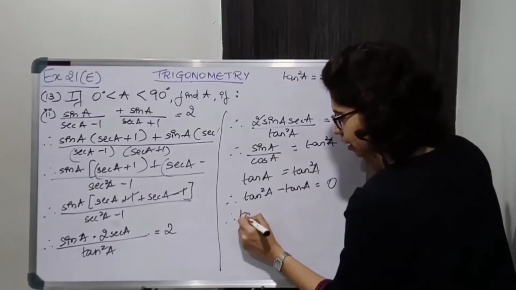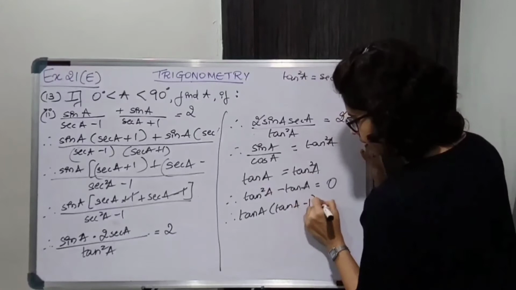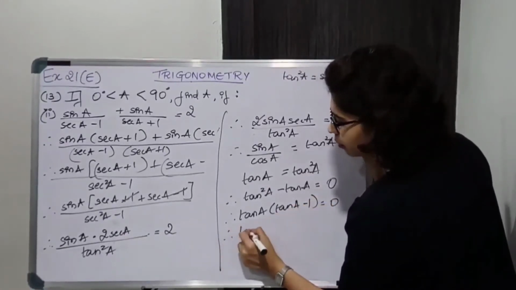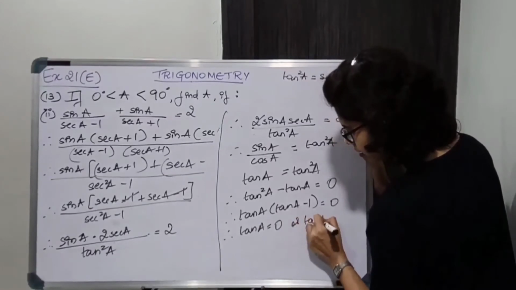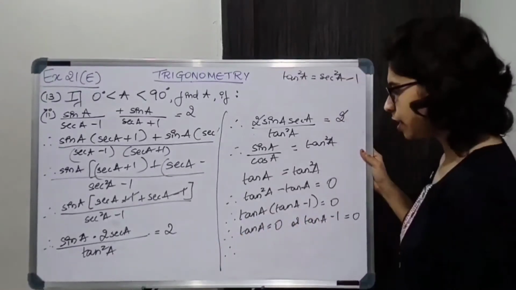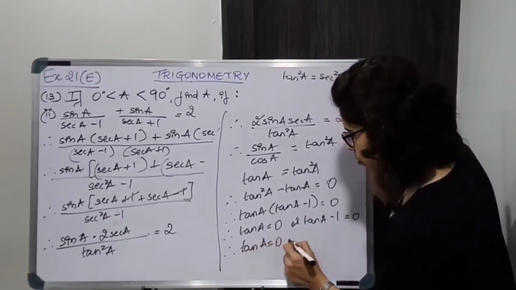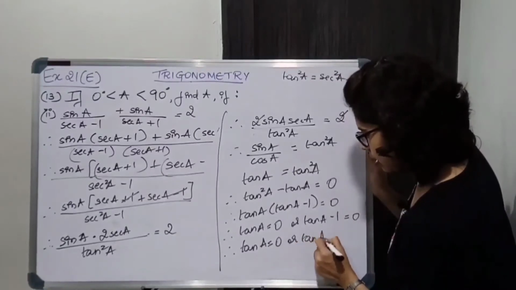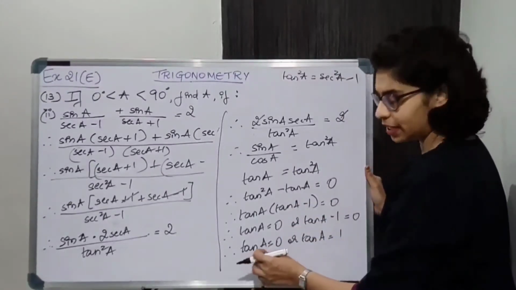Now we'll take tan A common: tan A into tan A minus 1 is equal to 0. Therefore tan A is equal to 0 or tan A minus 1 is equal to 0. Therefore tan A is equal to 0 or tan A is equal to 1. Now tan A is equal to 0 when A is equal to 0.